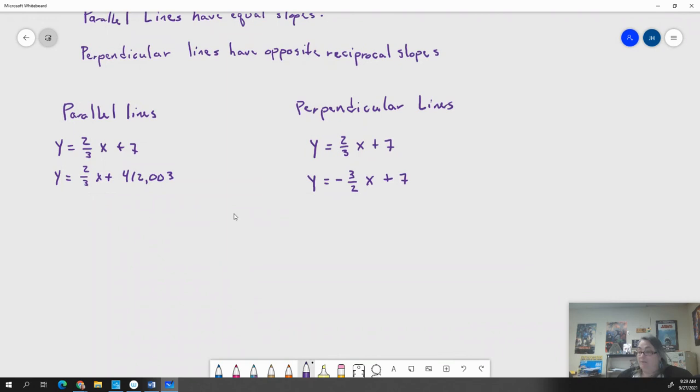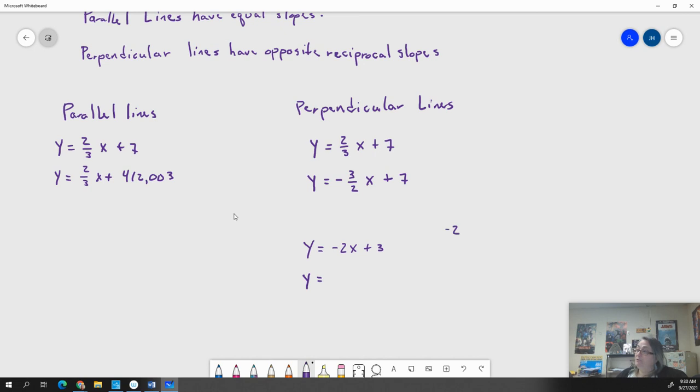So I definitely want to bring this up because this is where people always mess up. If I have a line that is y equals negative 2x plus 3, and I need a line that is perpendicular to that, it would be y equals positive.